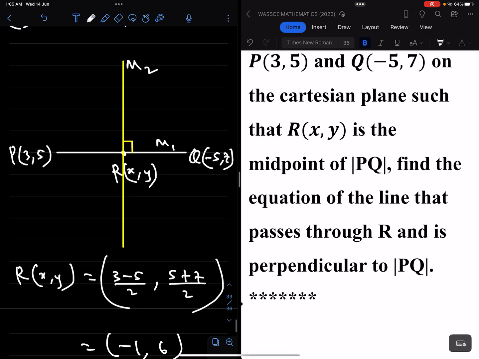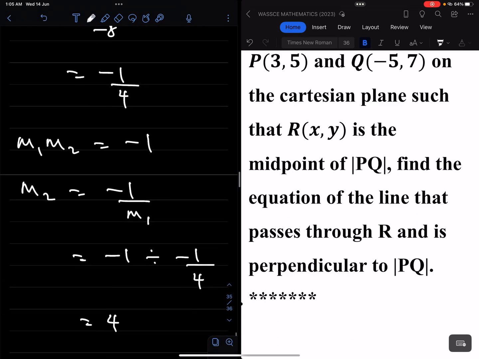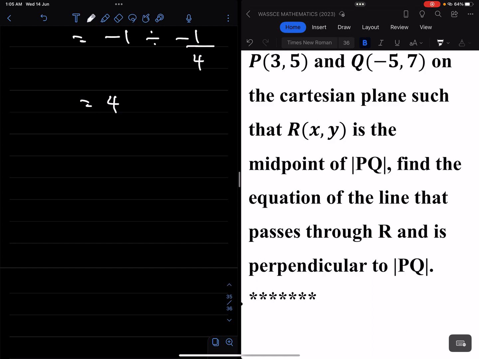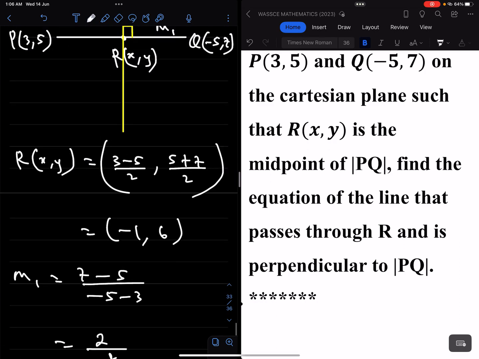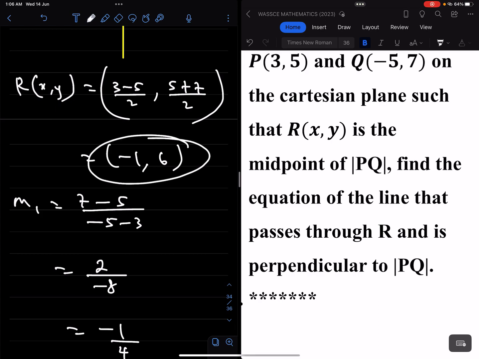Now the equation of the line which passes through R is given by the formula for finding the equation of a line in point form, and that's y minus y1 equals m into x minus x1, where here m is m2. It passes through the point R which has coordinates x1 is minus 1 and y1 is 6.